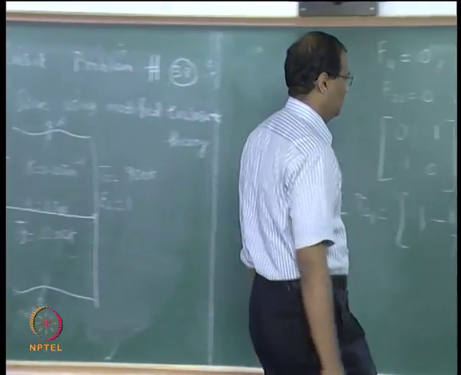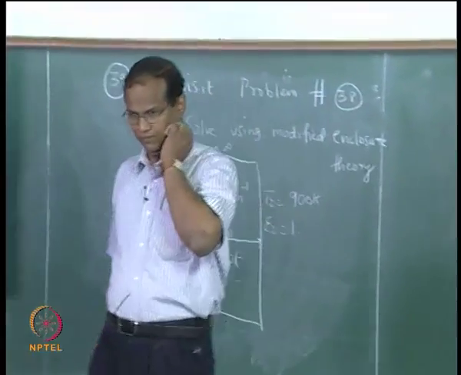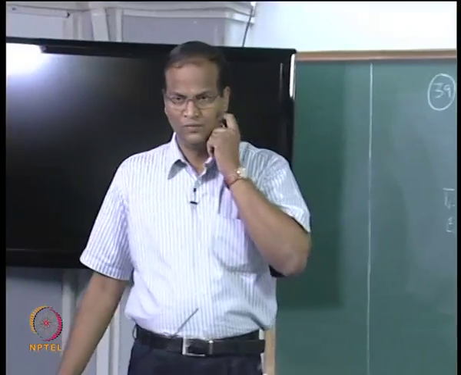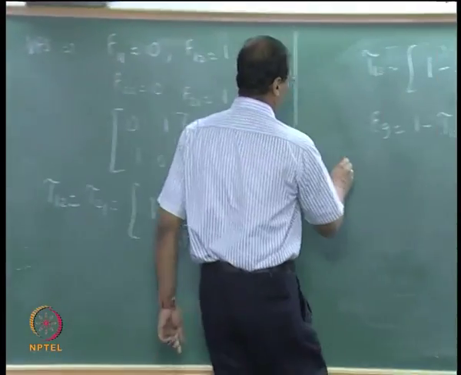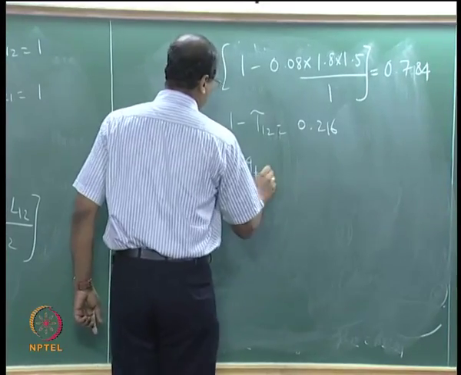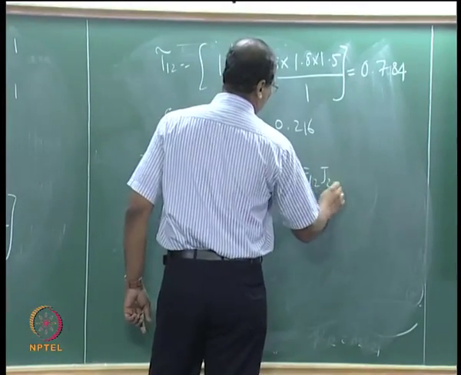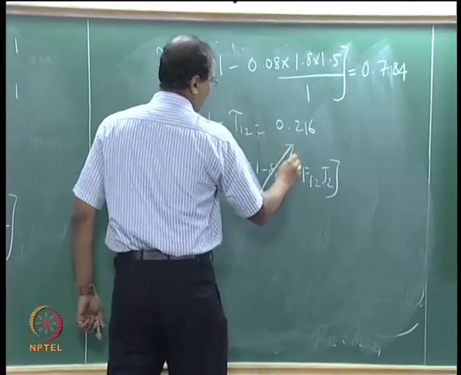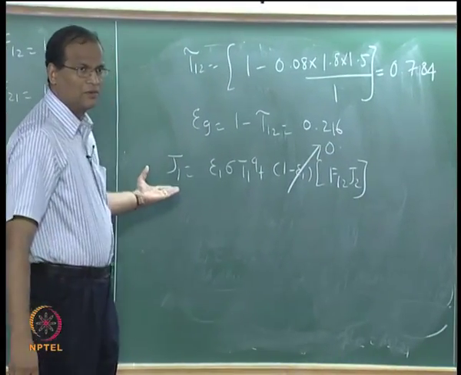Now we have to use the radiosity irradiation formulation J1 because it is a black wall, right, correct.